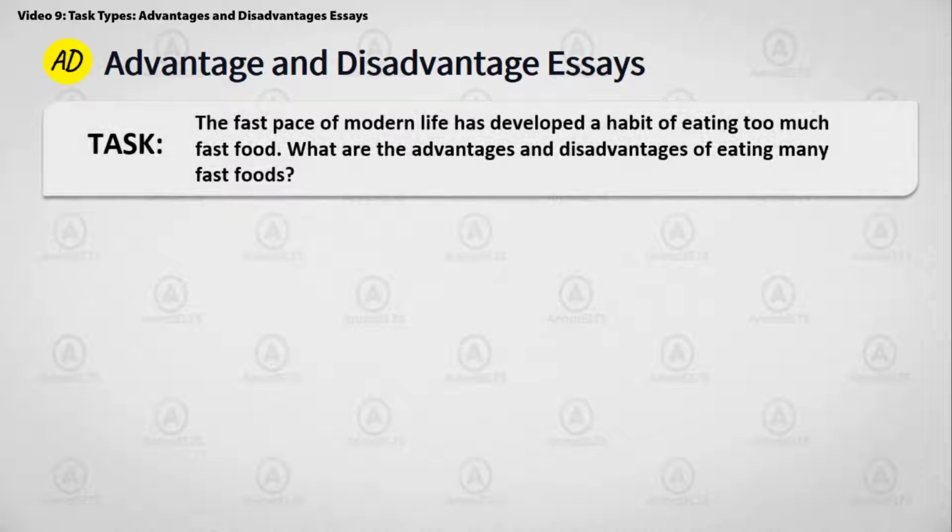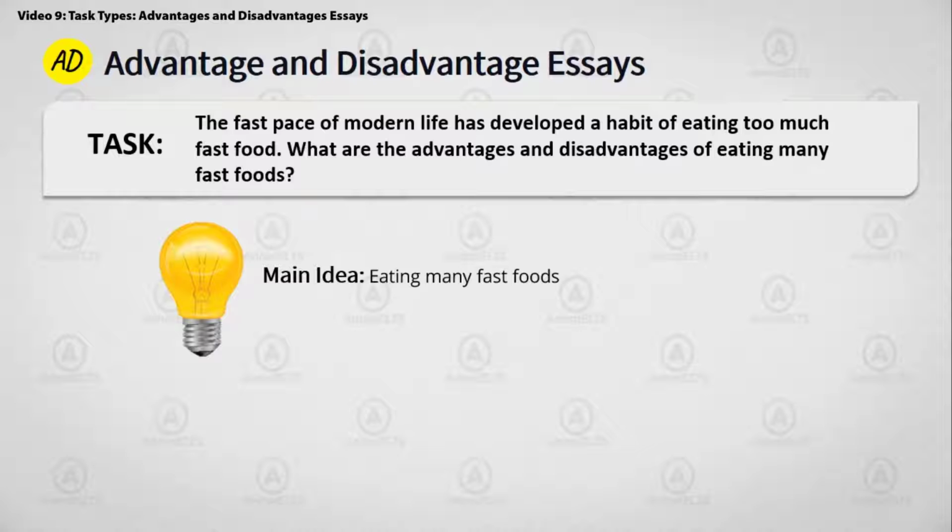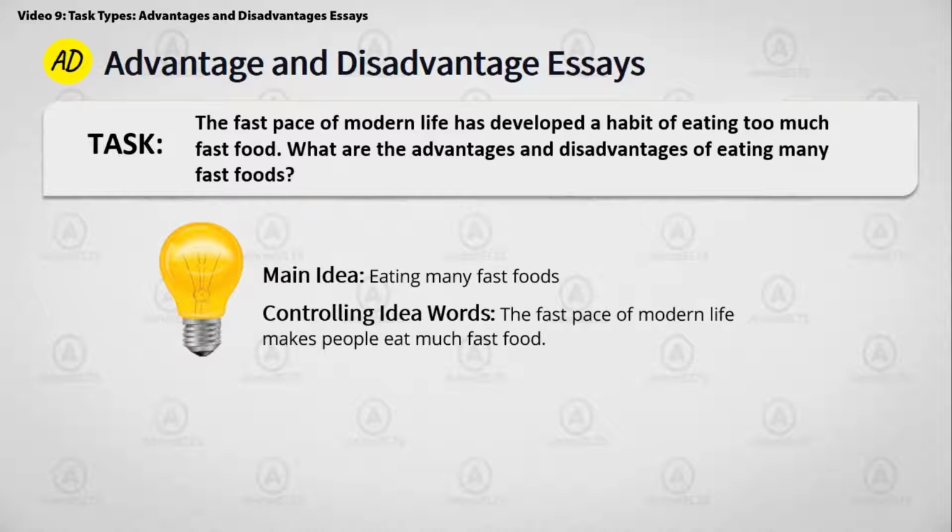The fast pace of modern life has developed a habit of eating too much fast food. What are the advantages and disadvantages of eating many fast foods? Let's analyze the task. What's the main idea? Eating many fast foods. What are the controlling idea words?